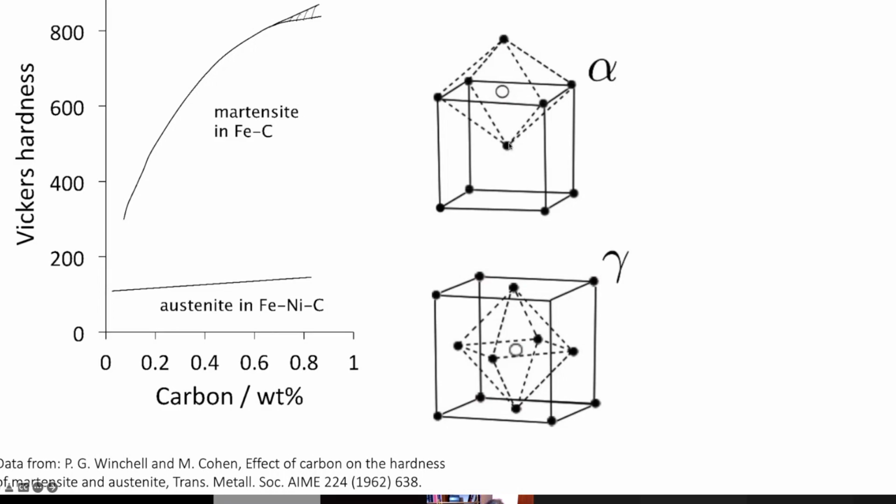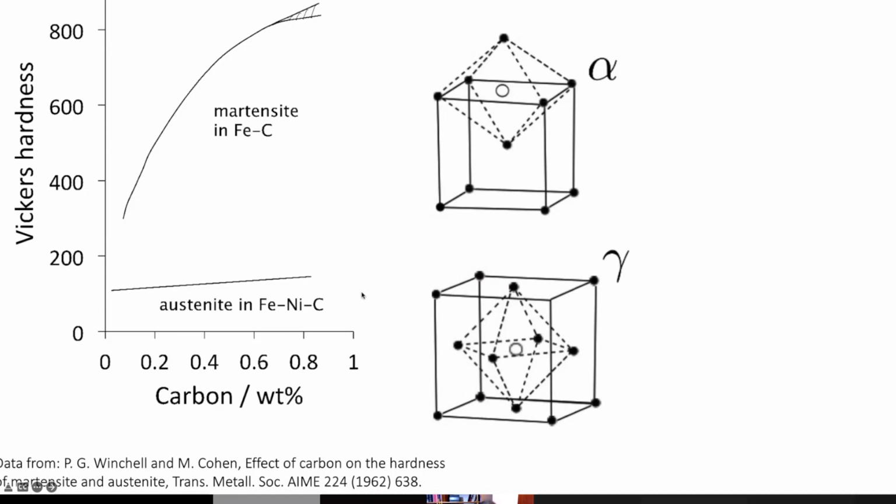So you cause a tetragonal distortion, and a tetragonal distortion can interact strongly with dislocations because dislocations are about shear, and an anisotropic strain interacts very strongly with dislocations. And it is purely the symmetry of these two lattices, ferrite and austenite, that causes this intense hardening in martensite, but hardly anything in austenite. Very interesting.